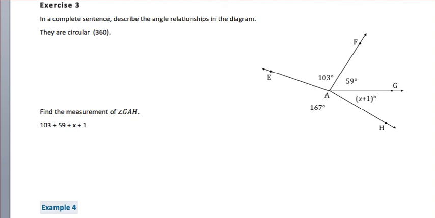plus 1 plus 167 equals 360 degrees. Now I can put x plus 1 in parentheses the same way it is in the diagram, but because everything is addition, it doesn't really matter. We do need to combine like terms.